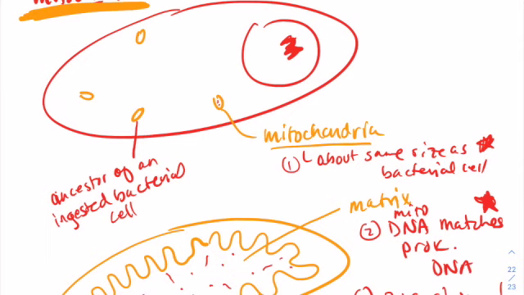This theory, that the mitochondria came from a long ago ingested bacterial cell, where some eukaryotic cell with a nucleus ingested a bacterial cell and made it its very own, is called endosymbiosis.